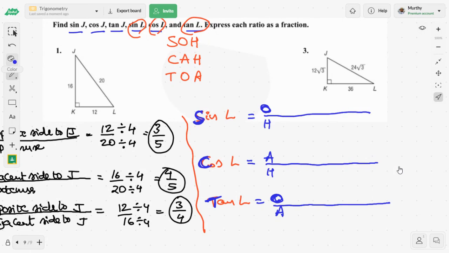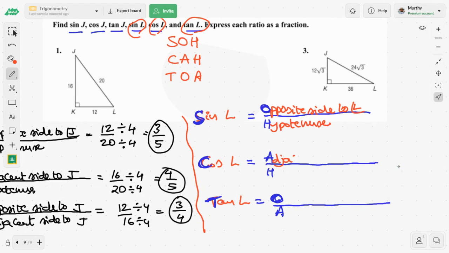Then O stands for opposite, all of you know that, it is the opposite side to angle L. H is for hypotenuse.